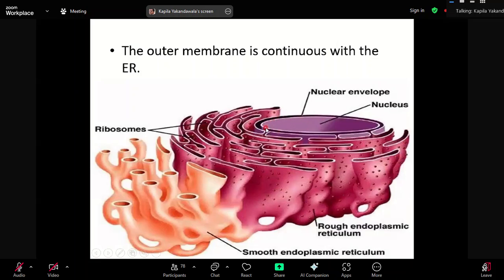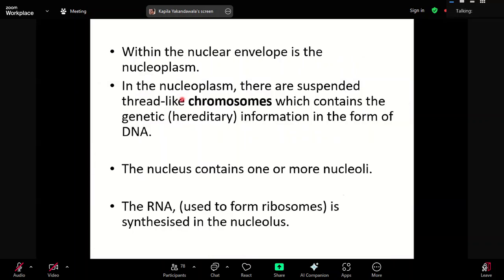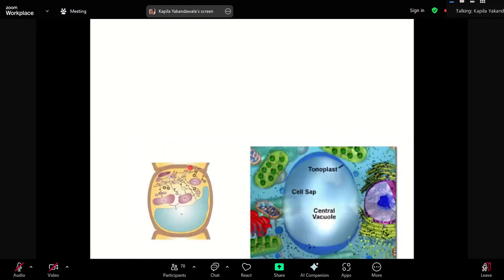This nuclear membrane can be fixed to an endoplasmic reticulum. So it can extend and finally reach a neighboring cell. So chromosomes are present. Chromosomes are the material responsible to carry genetic information from one cell to the other cell.